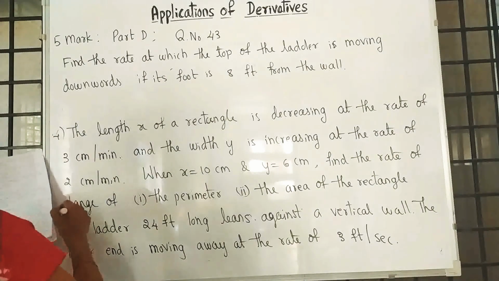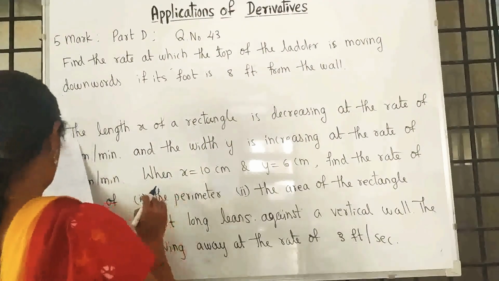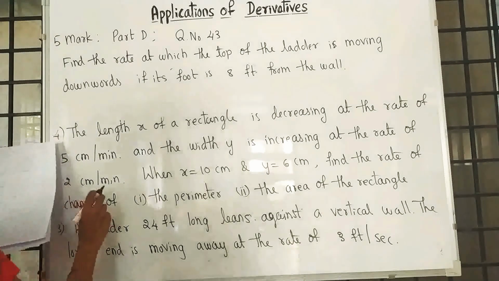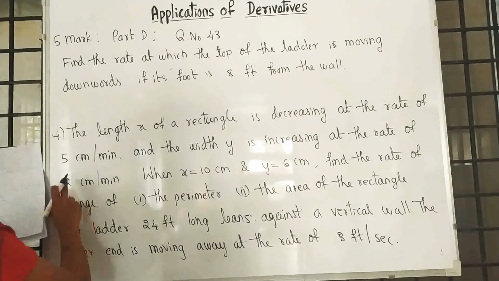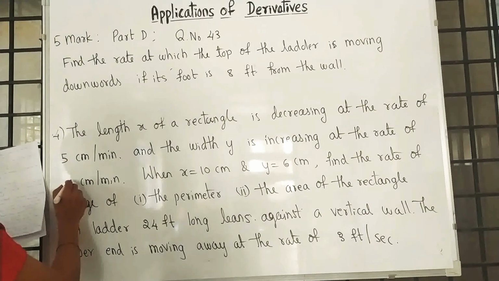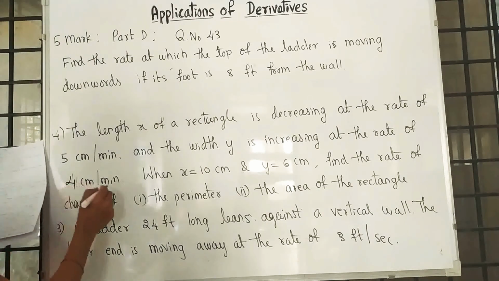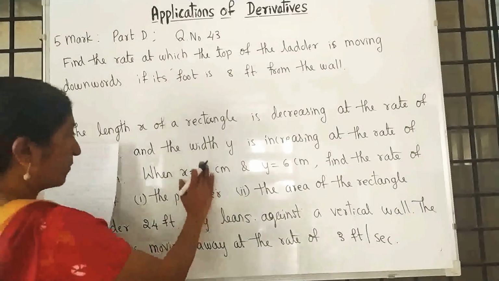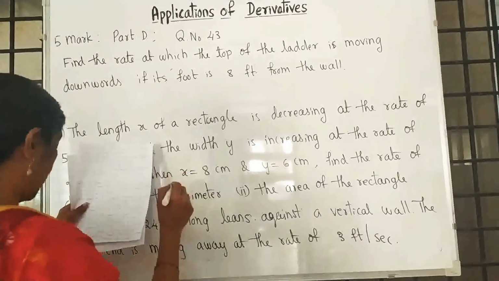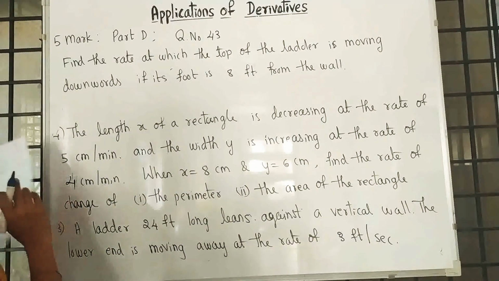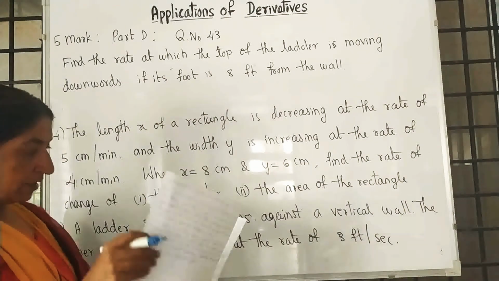The length x of a rectangle is decreasing at the rate of 5 centimeter per minute, and width y is increasing at the rate of 4 centimeter per minute when x is equal to 8 centimeter and y is equal to 6 centimeter. Find the rate of change of the perimeter and the area of the rectangle.